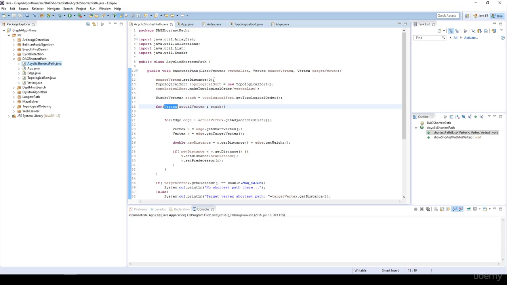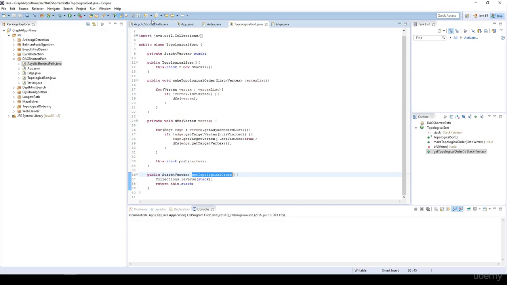And in the acyclic shortest path, basically we have the vertex list, we have the source vertex and the target vertex. We set the source vertex distance to be equal to 0 as usual, and we have to run the topological sort at the beginning on the vertex list. We are going to return a stack of vertices with this getTopologicalOrder as we have seen.